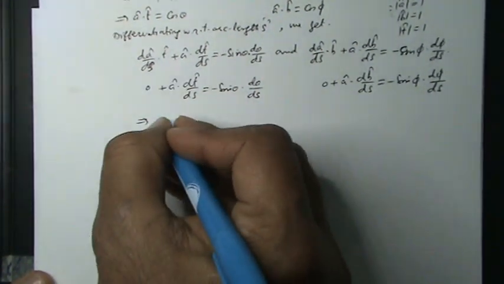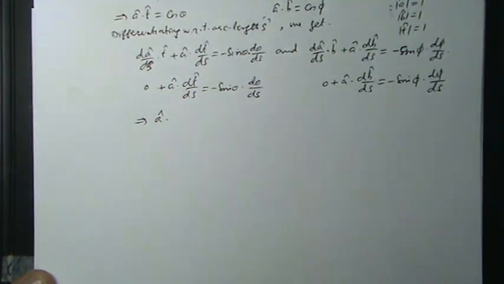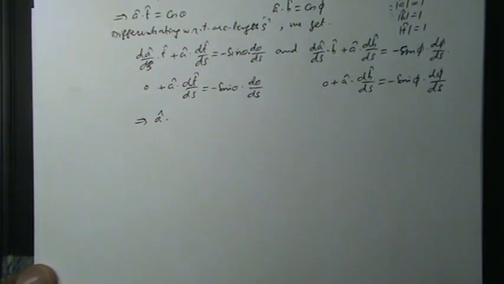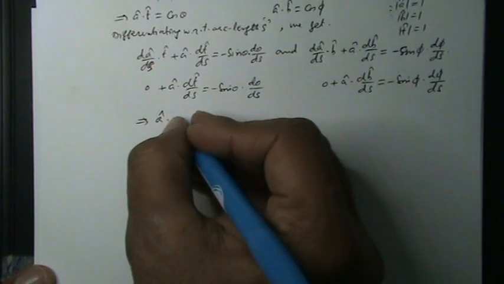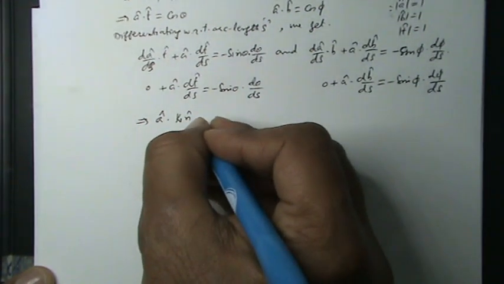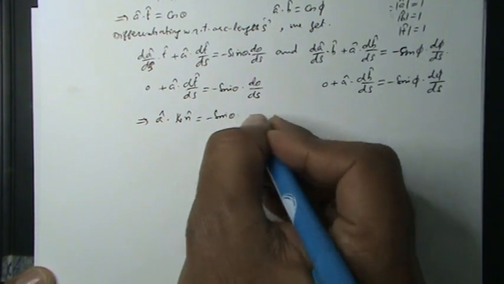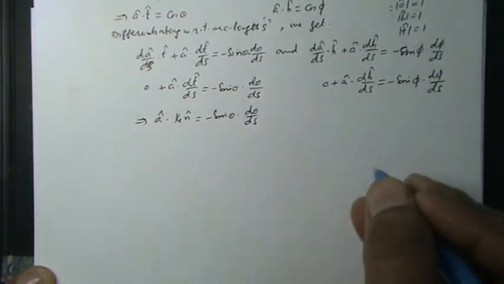This implies, using the Serret-Frenet formulas, dT over ds equals kappa n, so kappa A dot n equals minus sin theta d theta over ds.